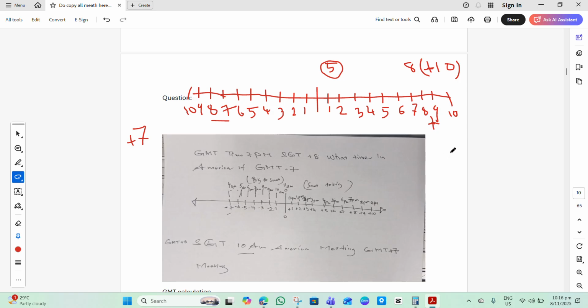So if Singapore time is morning 10 a.m., let me explain. If asking the question, Singapore +10, starting from here, what time?